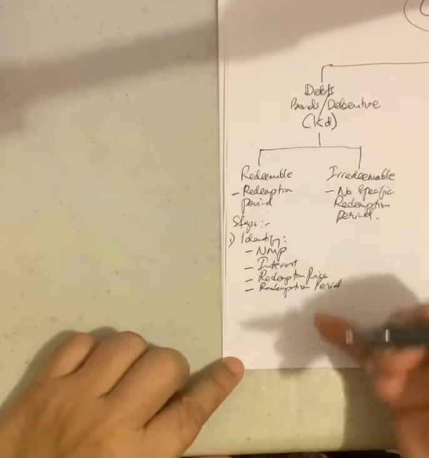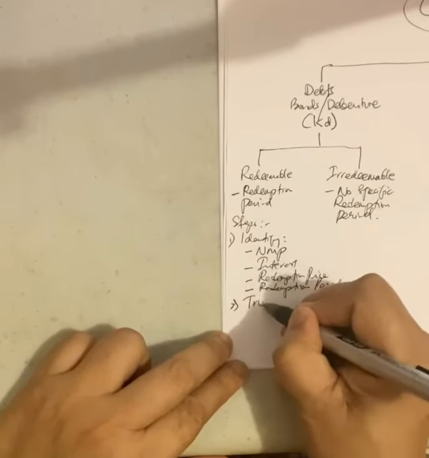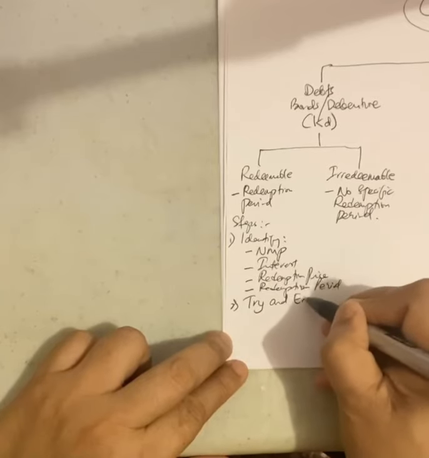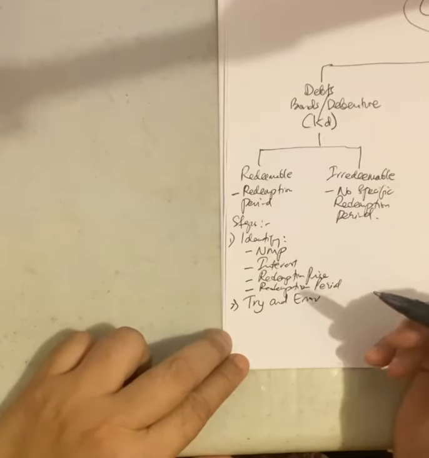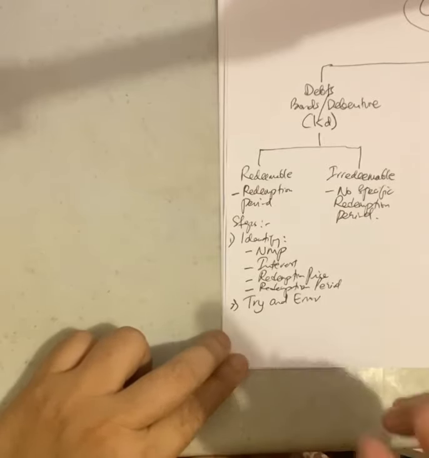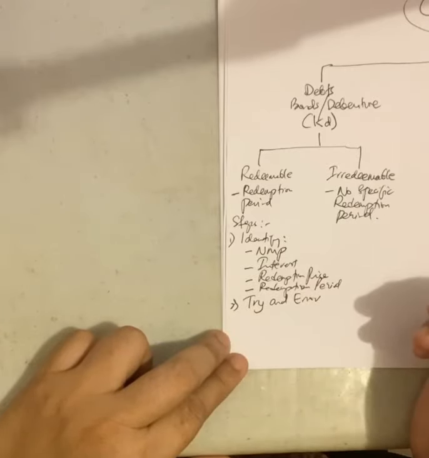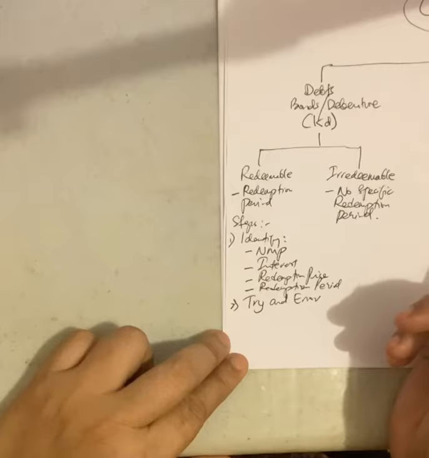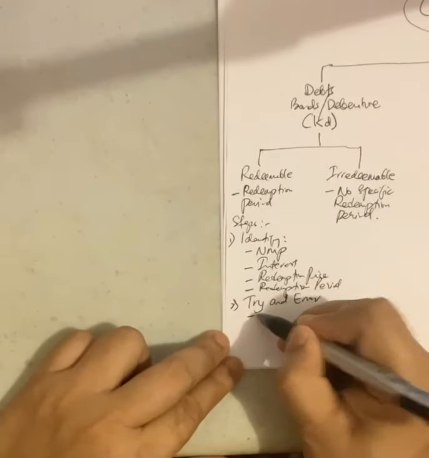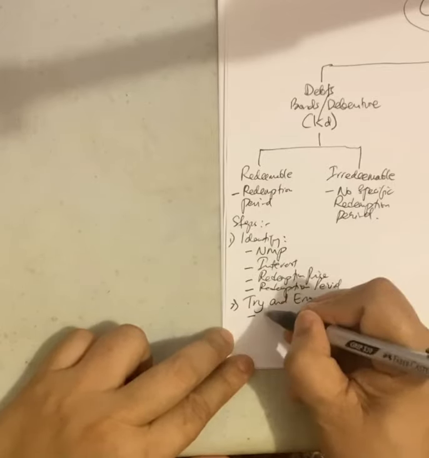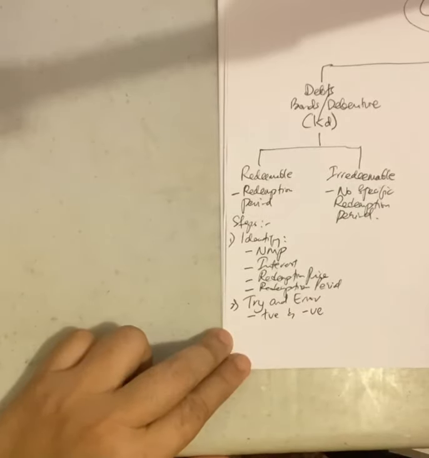After you have identified all this, you prepare the try and error to calculate the net present value of two possible rates of the cost of capital. You need to find one positive and one negative net present value.